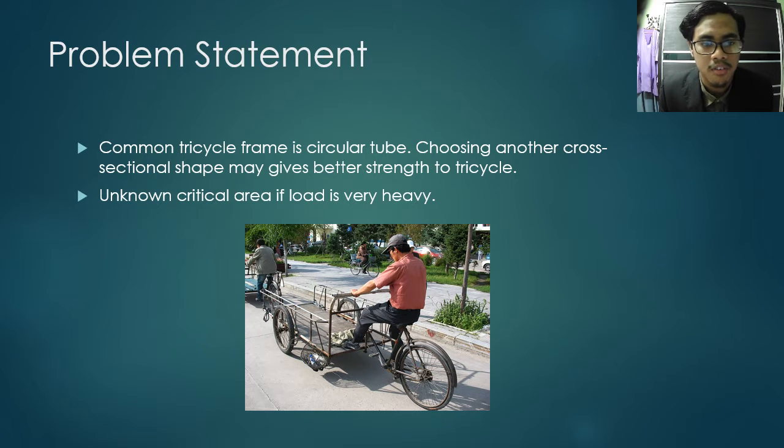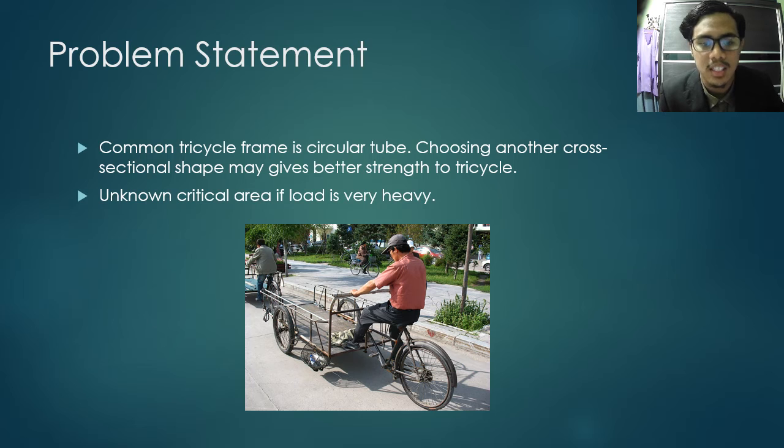Okay, for the problem statement, the common tricycle frame is a circular frame, meaning a circular cross-sectional shape. So choosing another cross-sectional shape may give better strength to the tricycle, so it can carry a lot more load or people.